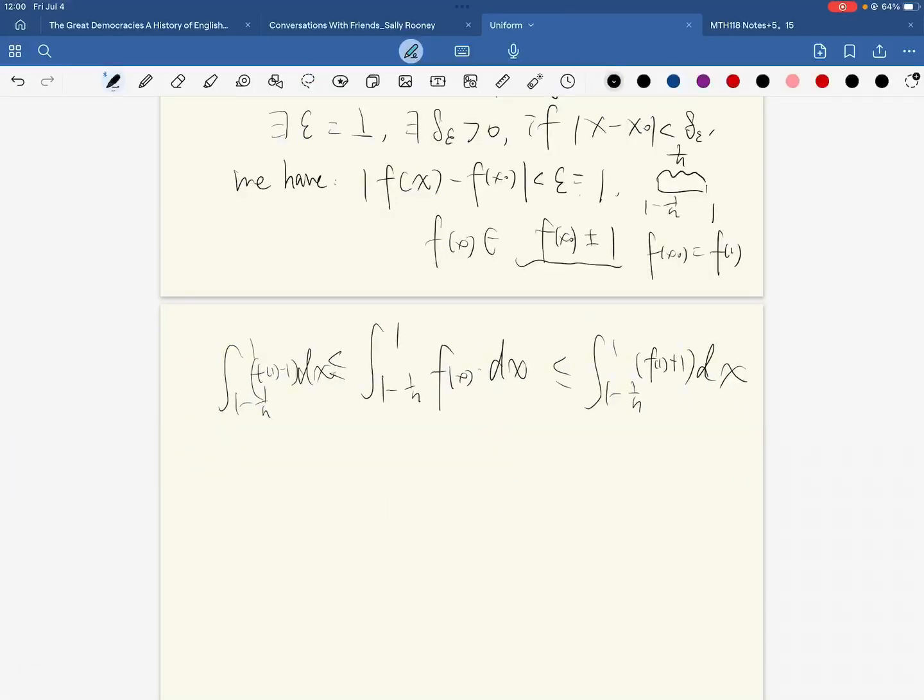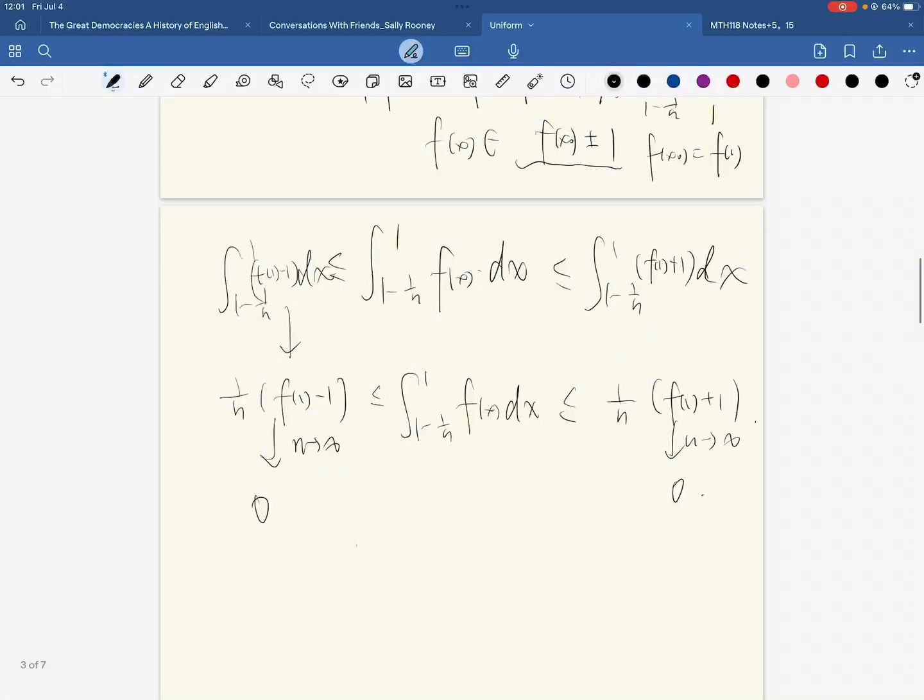So we have this goes to 0 as n goes to infinity.